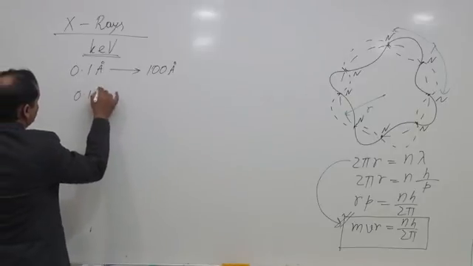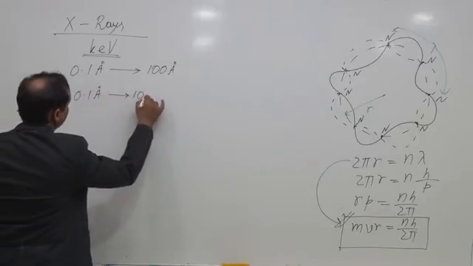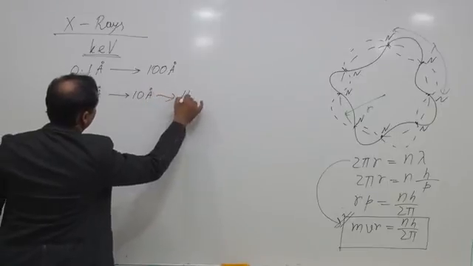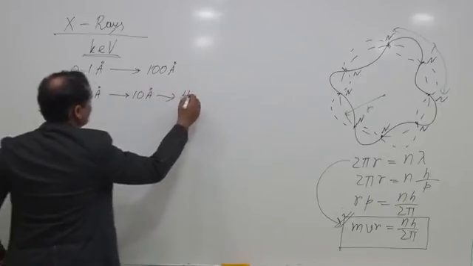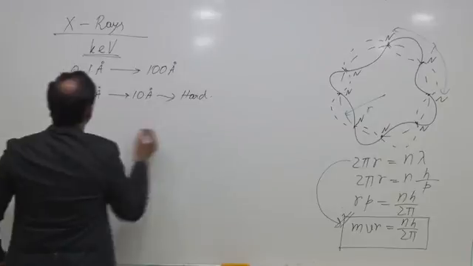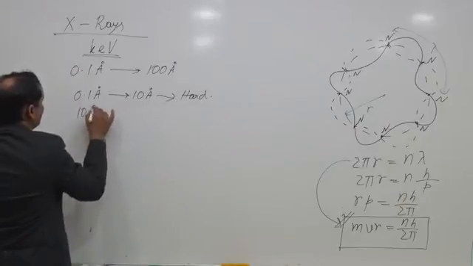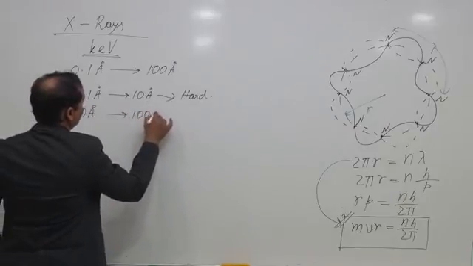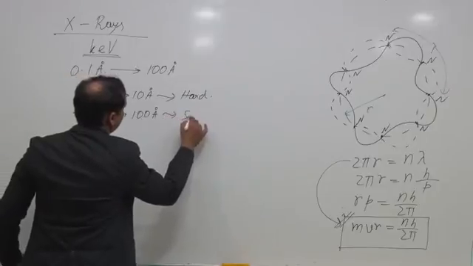From 0.1 angstrom to 10 angstrom, the X-ray is called hard X-ray, and 10 angstrom to 100 angstrom, it is called soft X-ray.